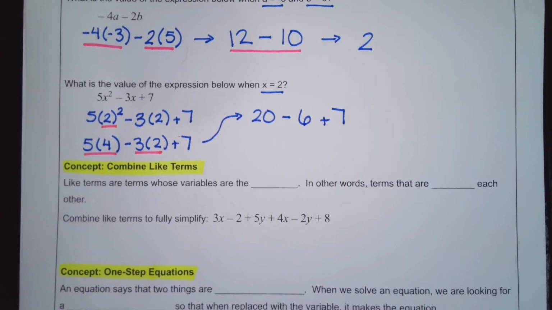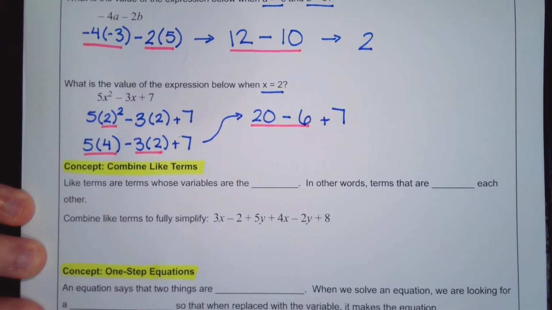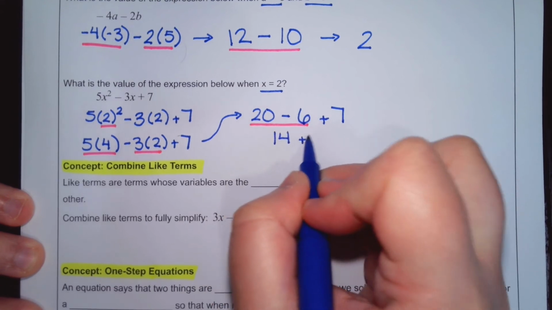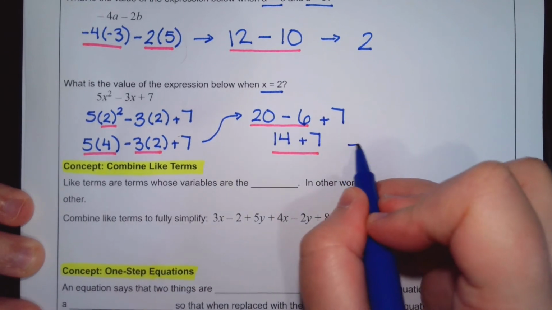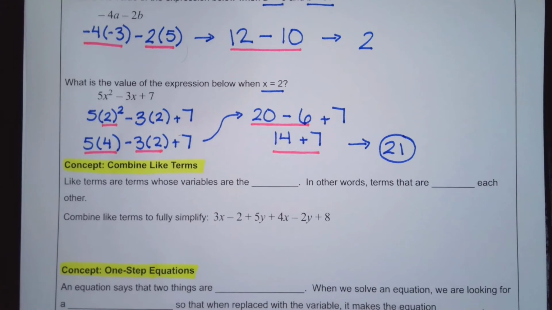Now we have to go in order, so we're going to do the subtraction first. So 20 minus 6 is 14, and then plus 7. And then finally, we simplify that. 14 plus 7 is 21. So that's our first concept.